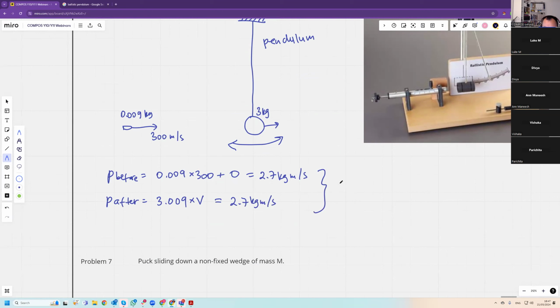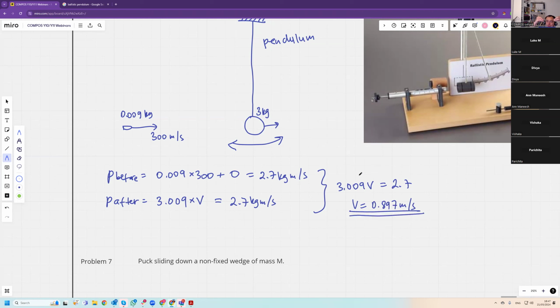And from here, we can work out 3.009 V equals 2.7. So V is 2.7 divided by 3.009, which is 0.897 meters per second. So that's the velocity.